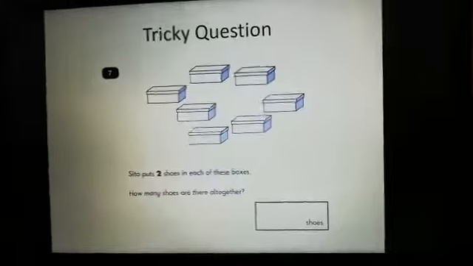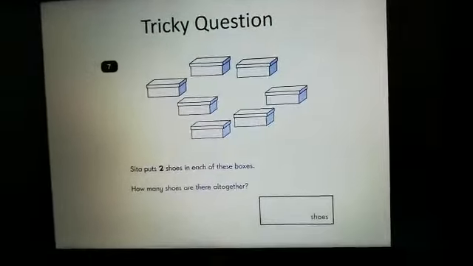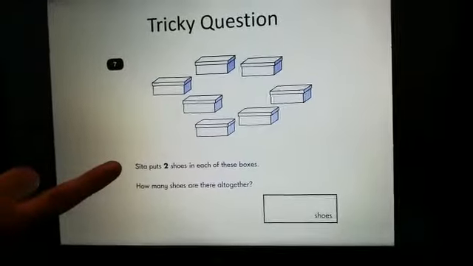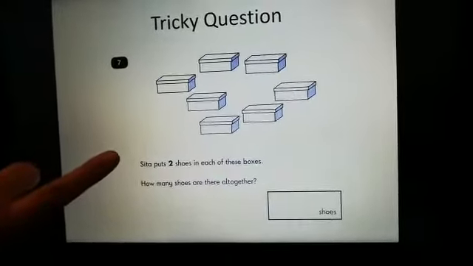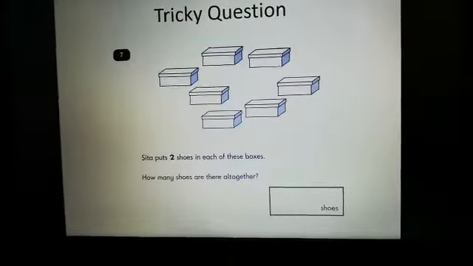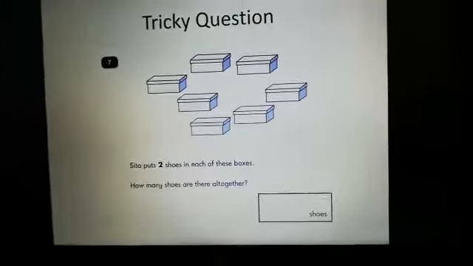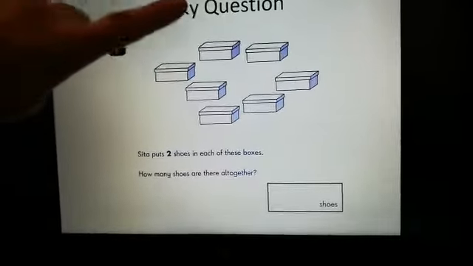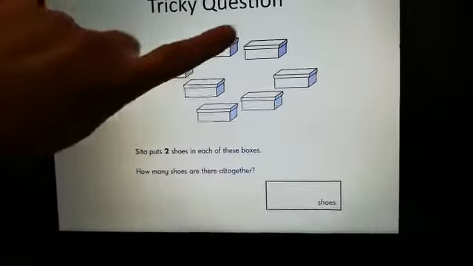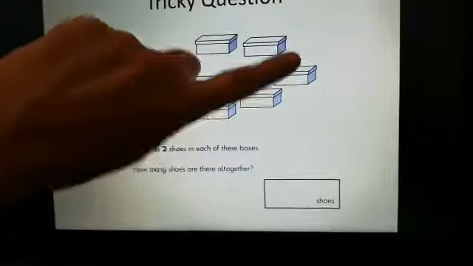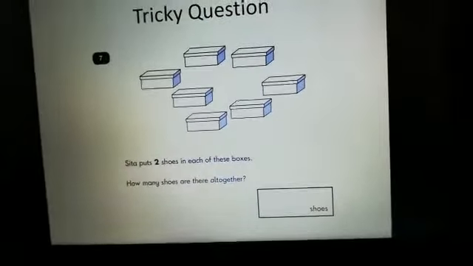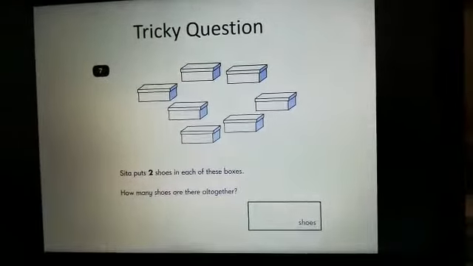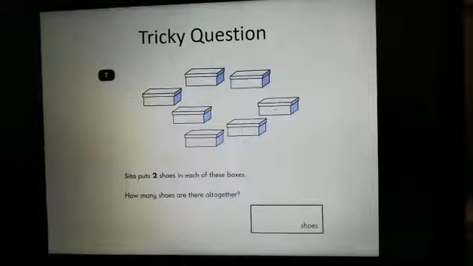Here's a tricky question. So I've got some boxes, and the question says, Sita puts 2 shoes in each of these boxes. How many shoes are there all together? So she puts 2 in each box. Are you ready?